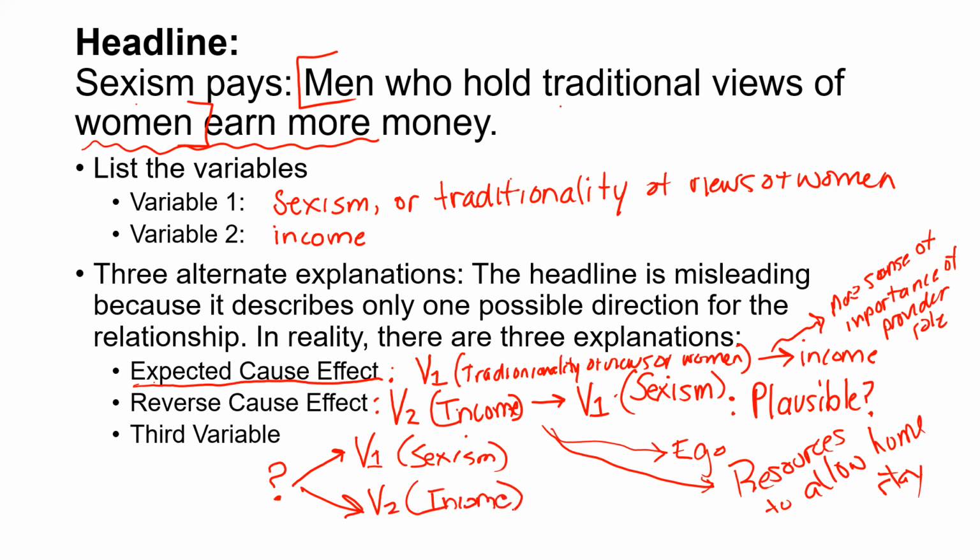So we might be thinking about it as higher sexism, higher income, or might be causing people to be less sexist and also have lower income. It's tricky. Any ideas?